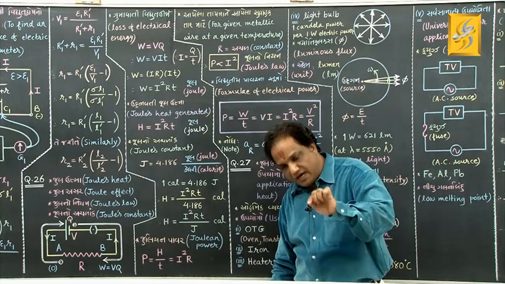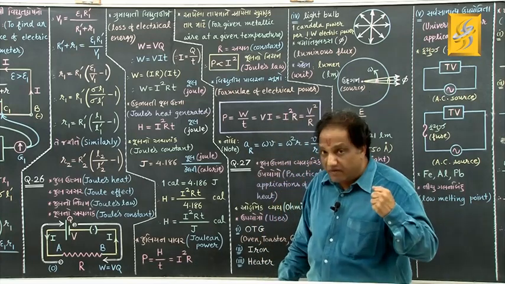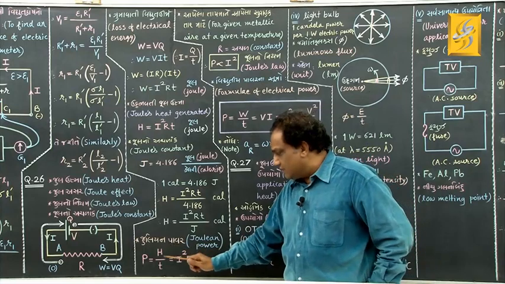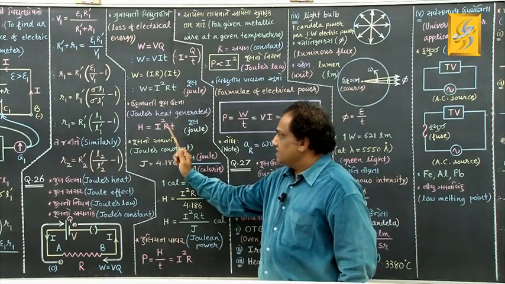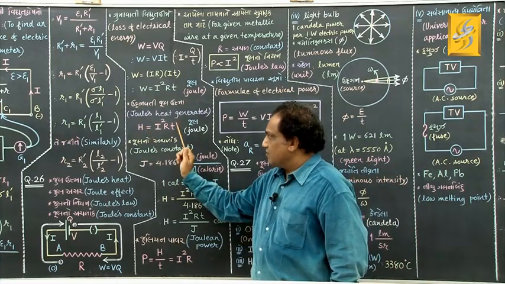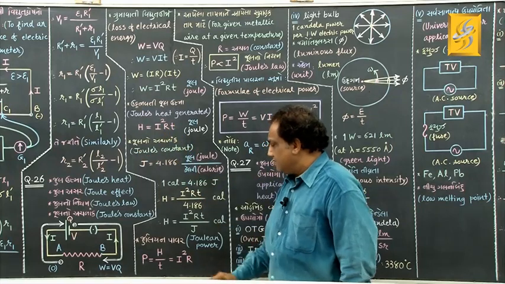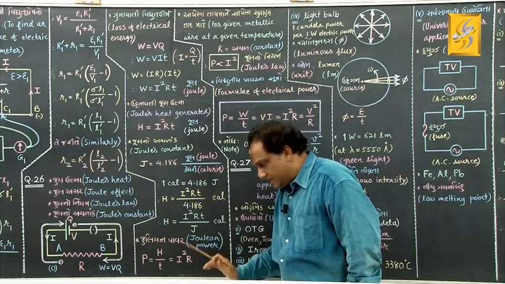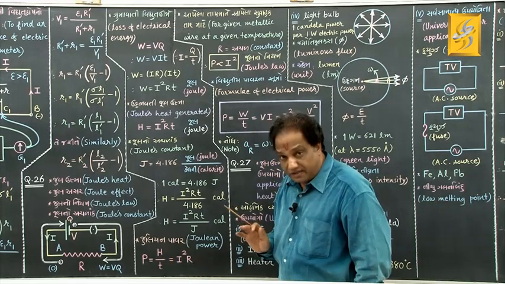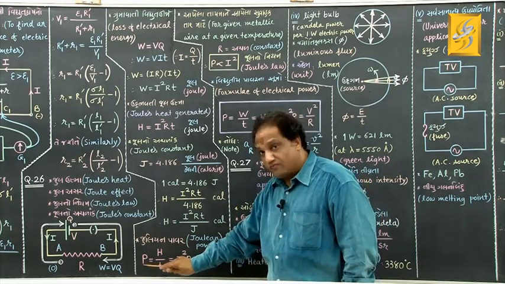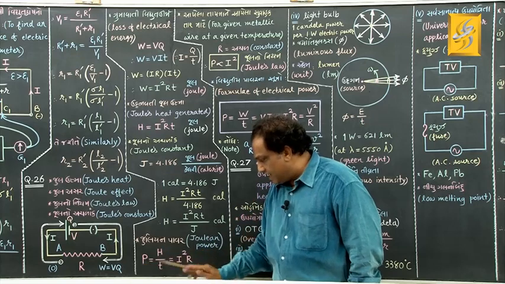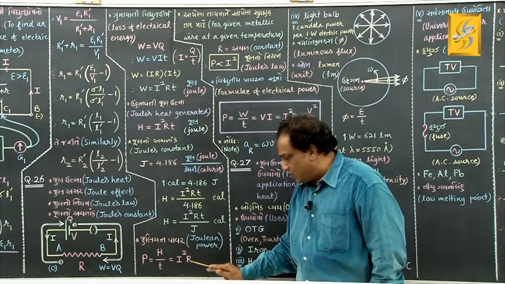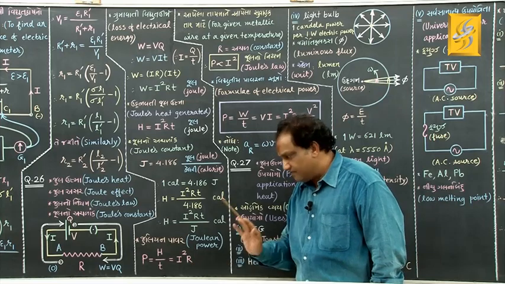Joulean heat generated per unit time is called Joulean power. Now, find out H upon T from here. Take this T in the denominator. So, H upon T will be I square R, correct? And if you want to write SI unit, then here it is watt, here it is joule per second, here it is ampere square into ohm, got it? Fine.